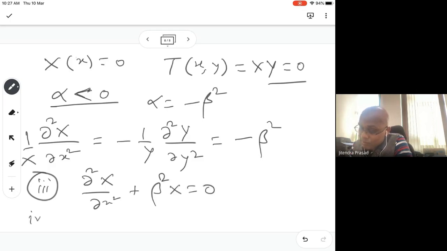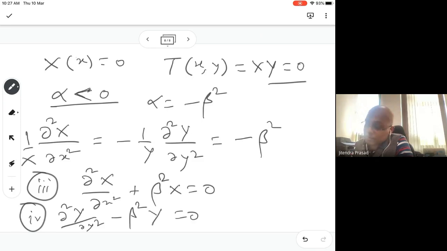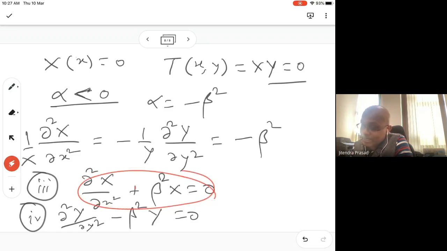And then the fourth equation becomes del square Y over del y square minus beta square Y, capital Y, is equal to 0. Okay, so what solution we get? Since this is a plus, this will be plus minus.